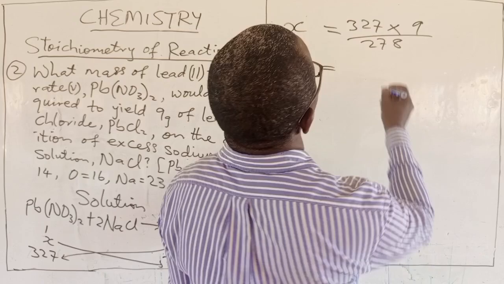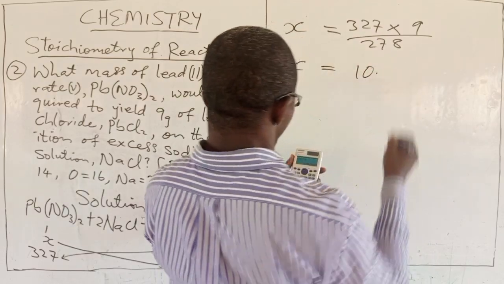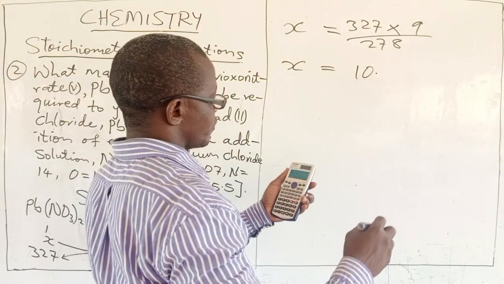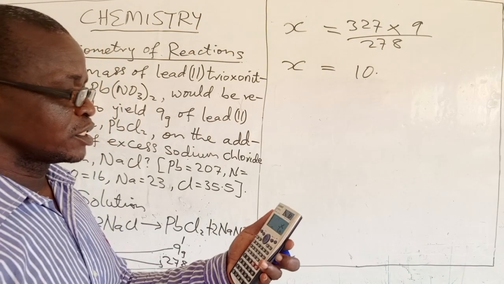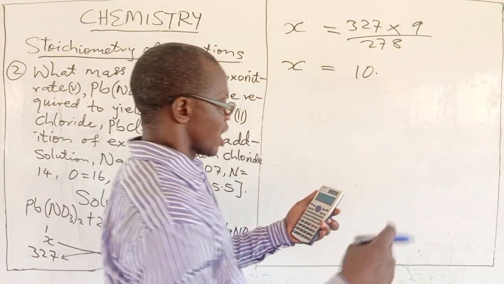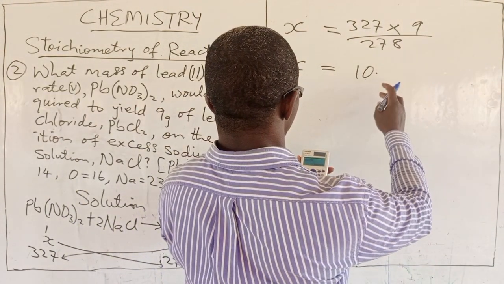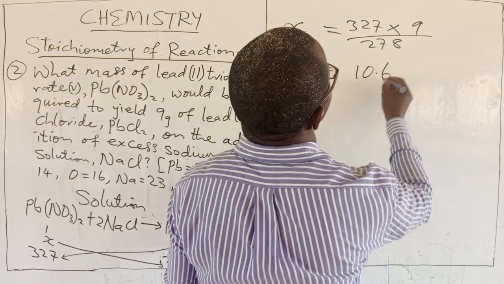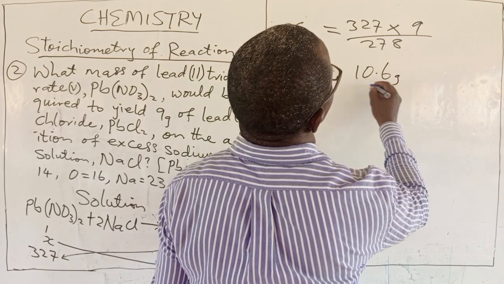That gives me 10.5863309 and so on. So I can make it 10.6 gram.